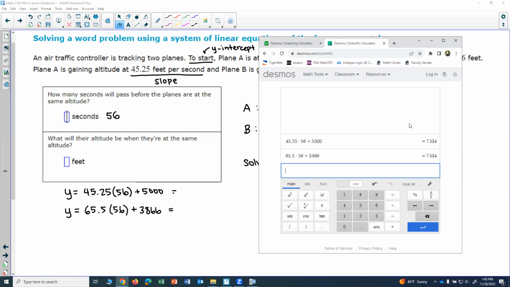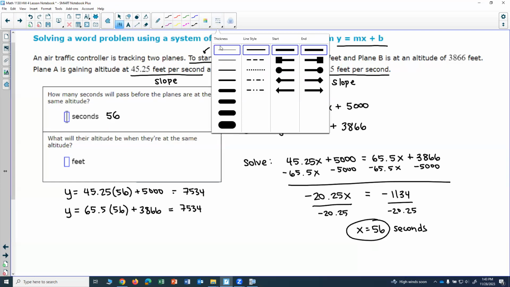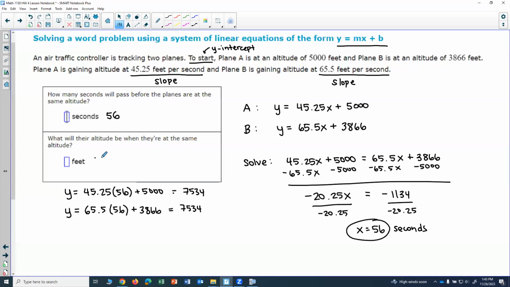So for the altitude, I would put 7,534. But they have to come out the same. Otherwise, I haven't actually figured out where the two lines cross. So I would say 7,534 feet.